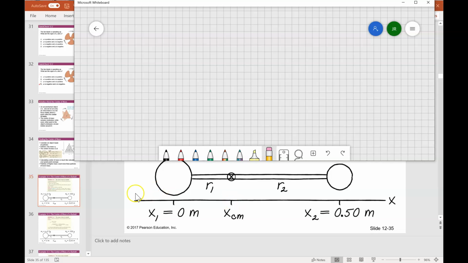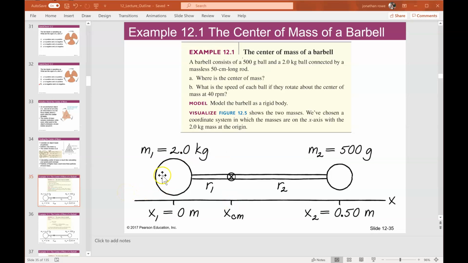Notice they put the 2 kilogram weight at 0, which is convenient. And the 0.5 kilogram weight, 500 grams, is down here, and since it's a 50 centimeter long rod, it's 0.5 meters away from 0.